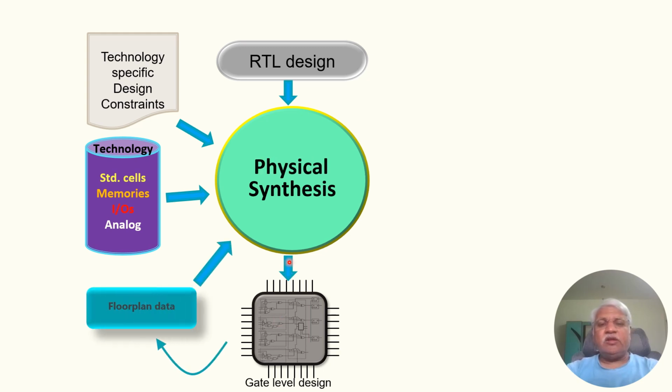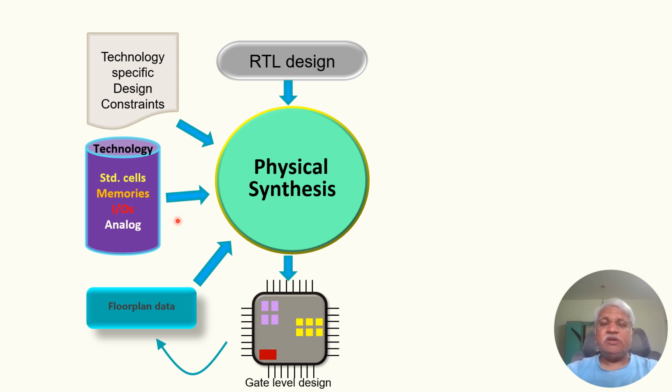Aside from that, we can also perform the physical synthesis using the same inputs. For that, we need to include the floor plan data of this design. During logic synthesis, whatever design we got, based on that, we need to arrange the macros.